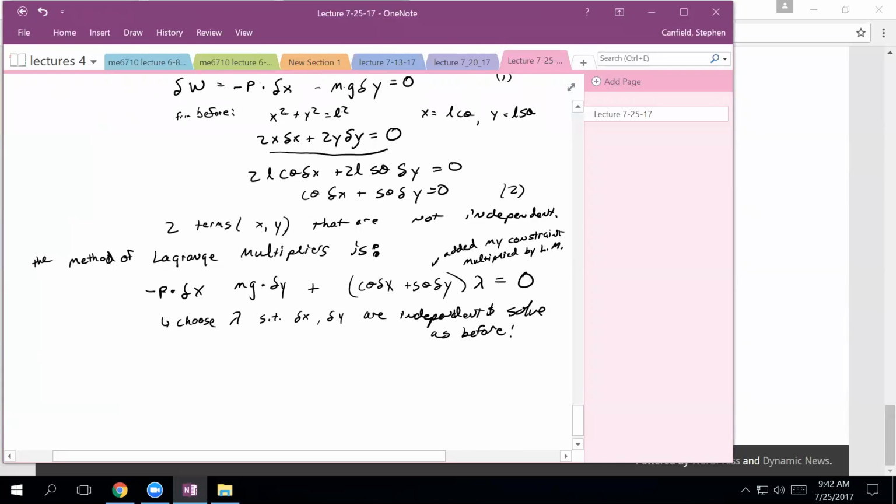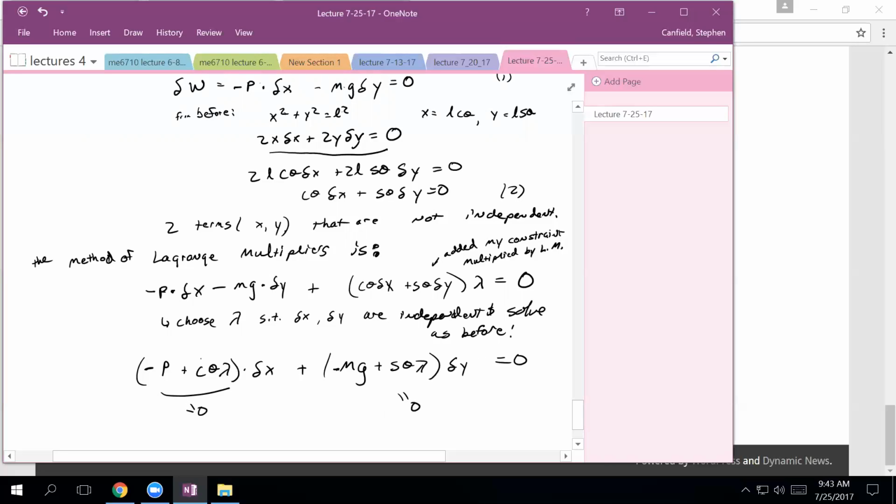So if I do that, the way I solved it before, I set the delta x terms and the delta y terms equal to 0. So let's combine them. So I get minus p plus cos theta lambda times virtual x, plus minus mg, I guess that was a minus actually, plus sine theta lambda times virtual y equals 0, and then set this equal to 0 and this equal to 0.